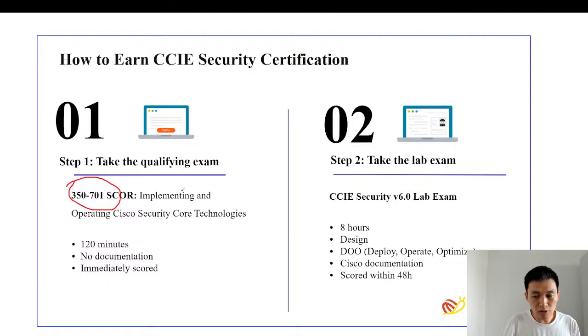As long as you have memorized all the answers correctly, it will be very easy to pass this exam. After passing the written exam, we will get to the second one, which is named the CCIE Security Version 6 Lab Exam. And we will share more details about it in the lab demo section later.